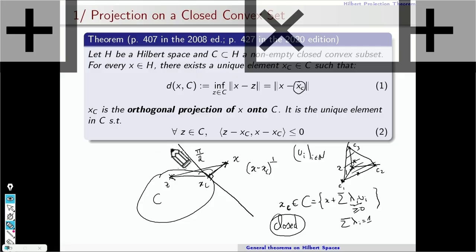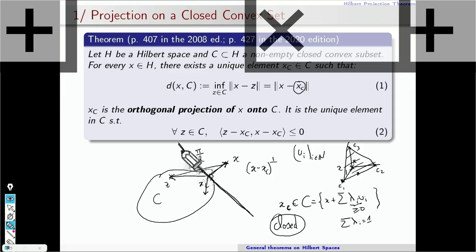This hyperplane cuts the Hilbert space in two parts, and what this condition says is that every point in the convex subset is in one of the half spaces, hyperplane included. In fact, in section 2, we'll see that the most important things happen in the case of a subspace.